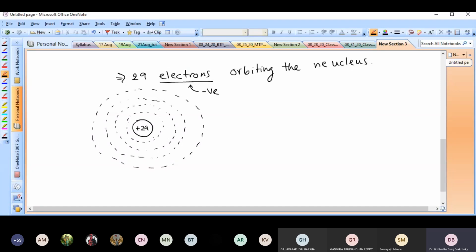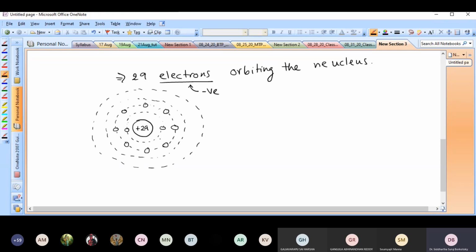The first orbit has 2 electrons. The second orbit has 8 electrons: 1, 2, 3, 4, 5, 6, 7, 8.